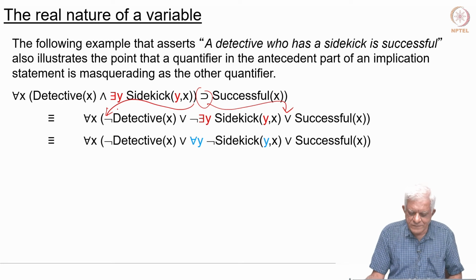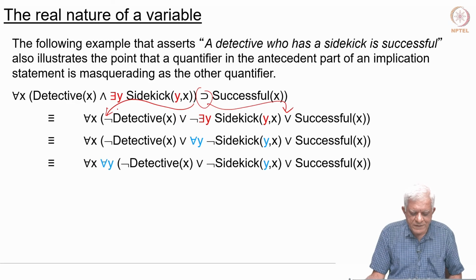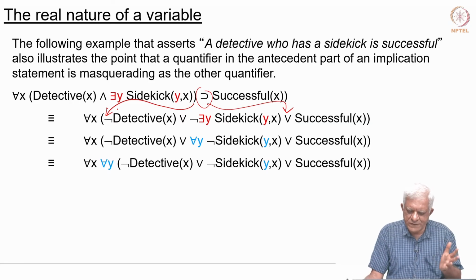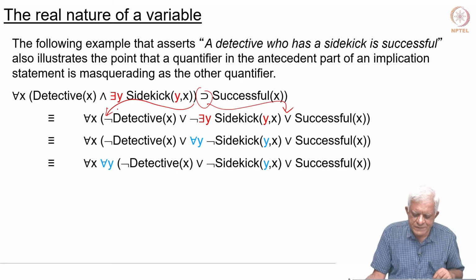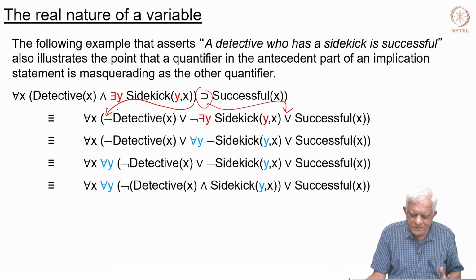Then we have simplified this, we have pushed the negation inside, then pulled the universal quantifier outside. That can always be done, and we will look at a procedure later when we will do this. And then we have basically a universally quantified variable.